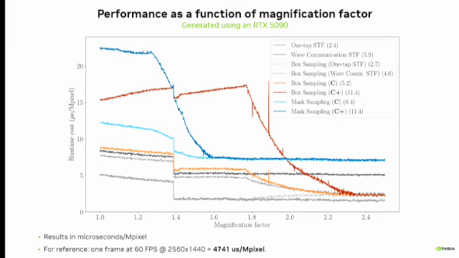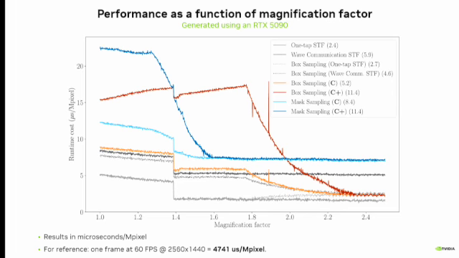Performance: I'm not going to talk a lot about this, but the results are shown in microseconds per megapixel. In a sense, all of the methods are really fast. In parentheses here, we have the fallback methods, and the second parenthesis is the average over this magnification range.